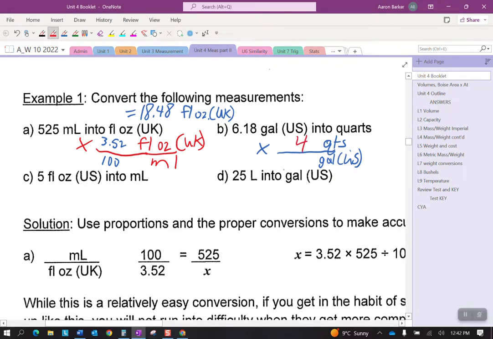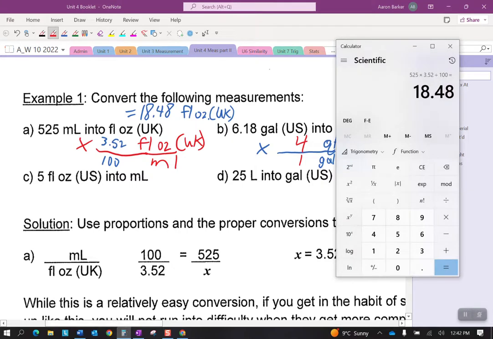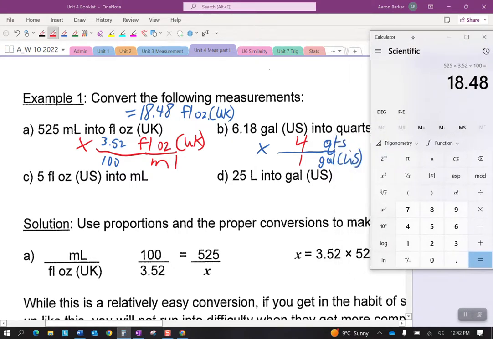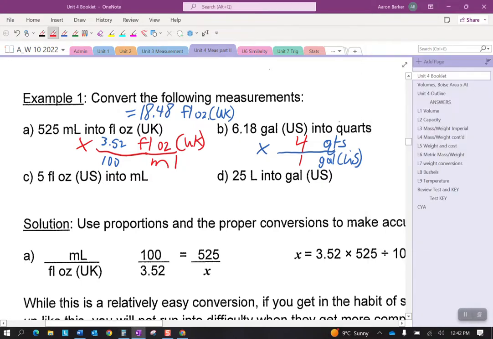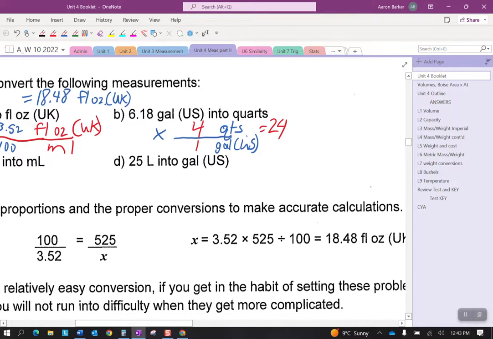The number 4, 1 gallon goes on the bottom. And then you can multiply. 6.18 times 4 equals 24.72 quarts. Okay.